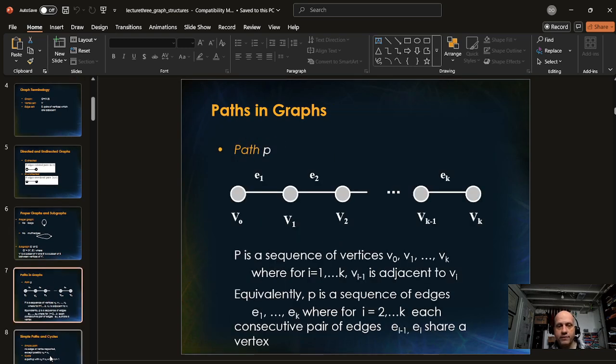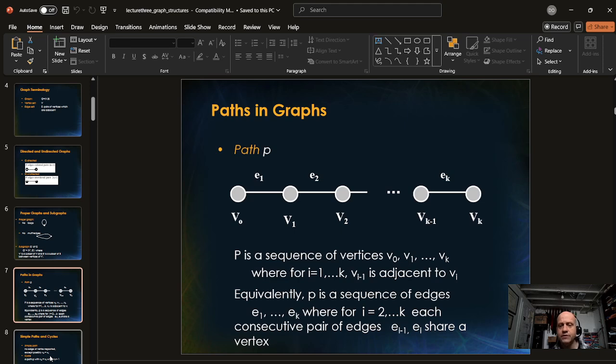Paths in graphs. So then we have a path P, and it's going through a number of vertices as identified in the graph, and the edges are labeled sequentially, as are the vertices. So the path is known as a sequence of vertices, V0 all the way to V of K, whatever number it might be, where for each j from 1 through K, V of j minus 1 is adjacent to V of j.